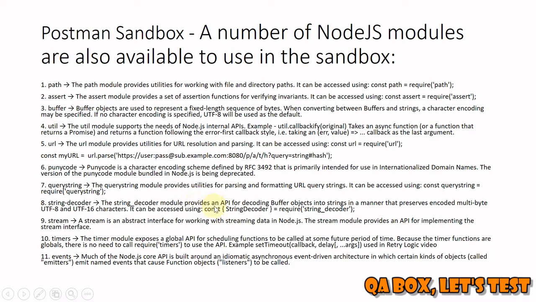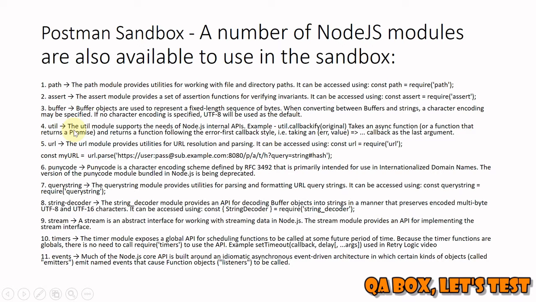So the string decoder module provides an API for decoding buffer objects into strings in a manner that preserves encoded multi-byte UTF-8 and UTF-16, right? So in our UI we were seeing the text, the string, but in the console we were seeing what? The buffer, right?